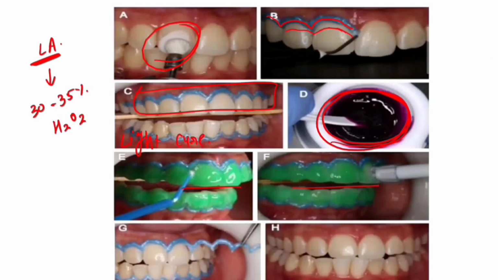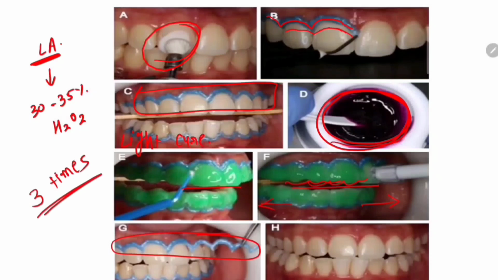After 15 minutes, you have to suction this out. Don't rinse with water because it can splatter the gel in the mouth and cause soft tissue burns. After completion of the procedure, you remove the gingival dam. Maximum 3 times you can do this procedure in a single sitting, not more than this.